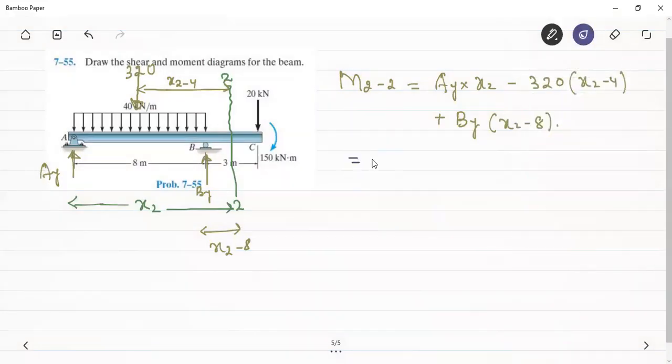AY is equal to, this will be 320 into 4, that will be equal to, BY is equal to 206.25.